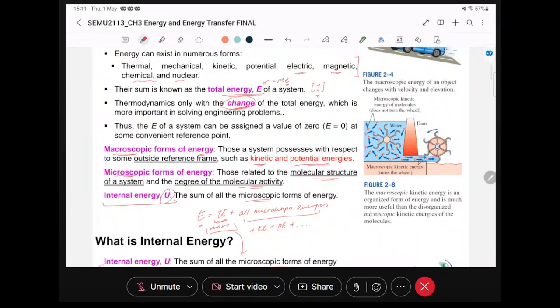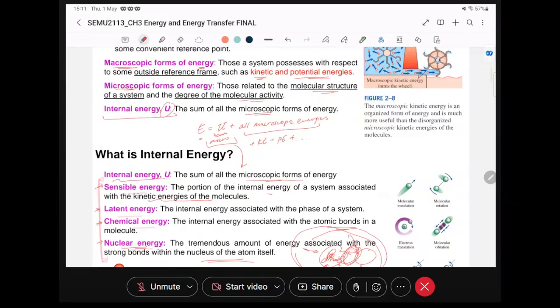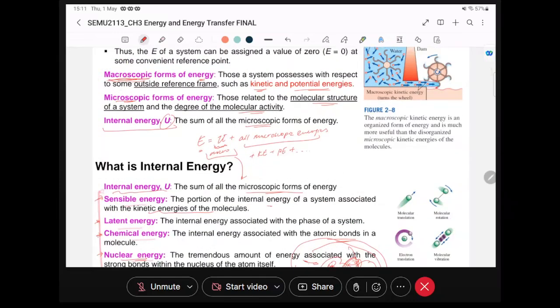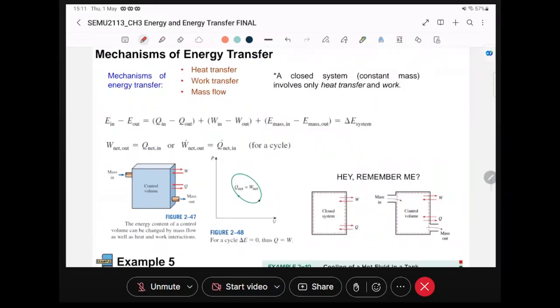So collectively we just call it the internal energy. And then the electrical work, the kinetic energy, potential energy, everything. So all that are macroscopic forms of energy. And there can be heat, there can be work as well.